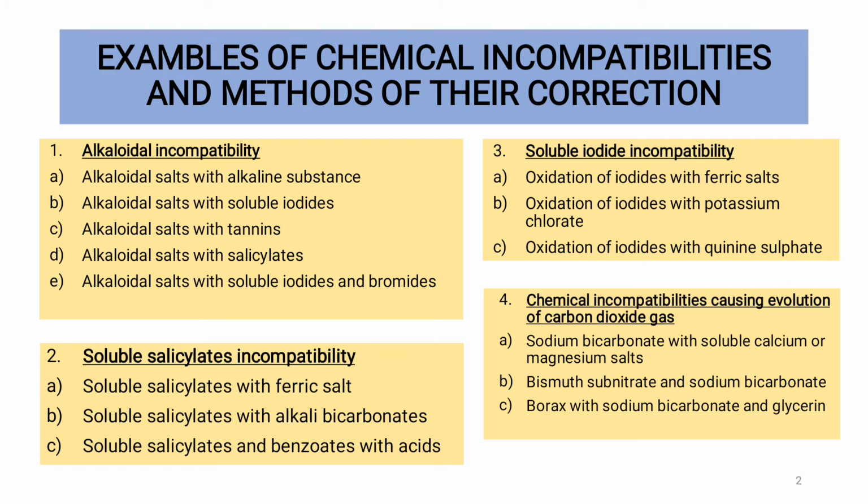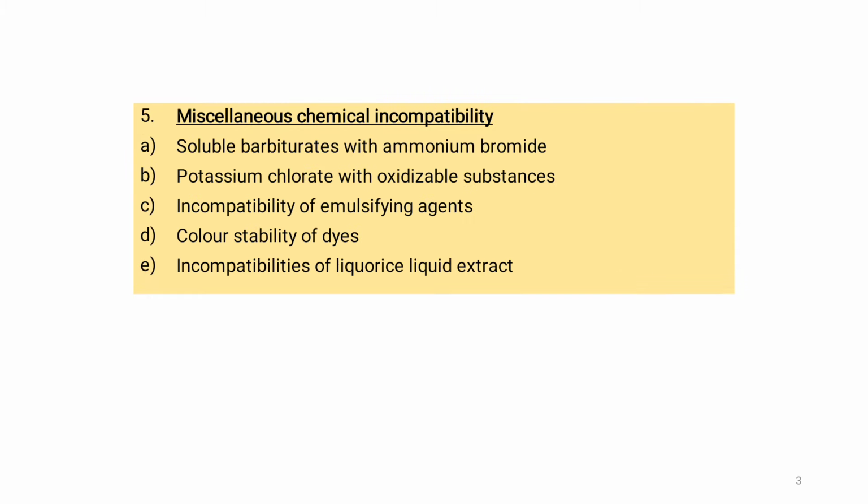Then the fourth one is chemical incompatibilities causing evolution of carbon dioxide gas, classified into 3: sodium bicarbonate reacting with a soluble calcium or magnesium salt, bismuth subnitrate with sodium bicarbonate, and borax with sodium bicarbonate and glycerin.